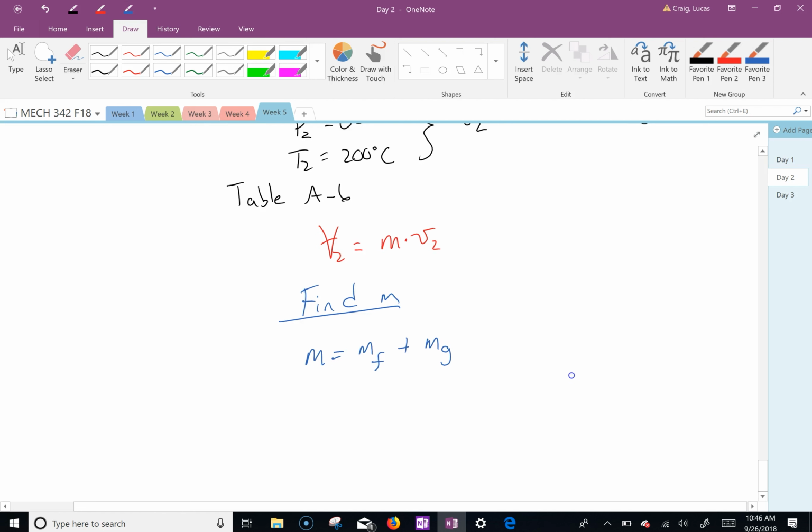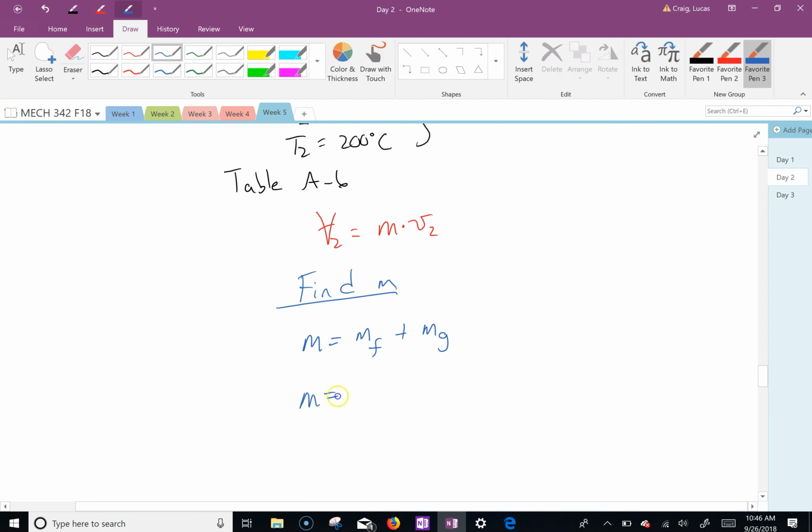Well, how do we find MF and MG? Well, it's big VF over little VF plus big VG over little VG. Where do we find VF and VG? Tables. Find them in the tables.